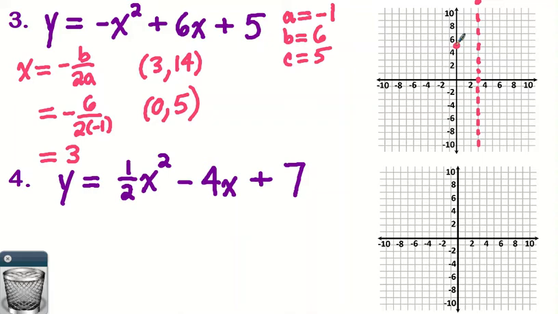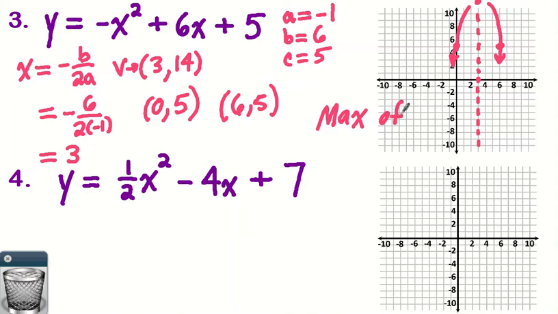That's another point, and to get yet another point, I can just reflect that. And so this point would be 6, comma 5, so that should be another point you can specify. So axis of symmetry, the vertex, a couple other points, and this one would have a maximum of what? 14.